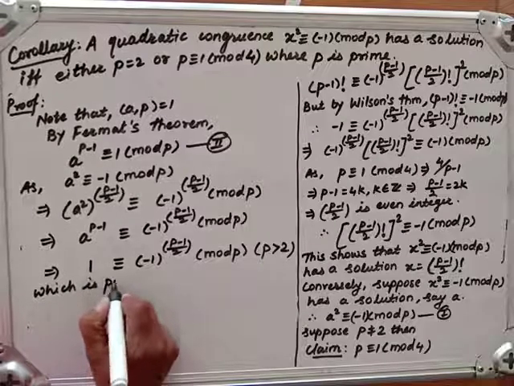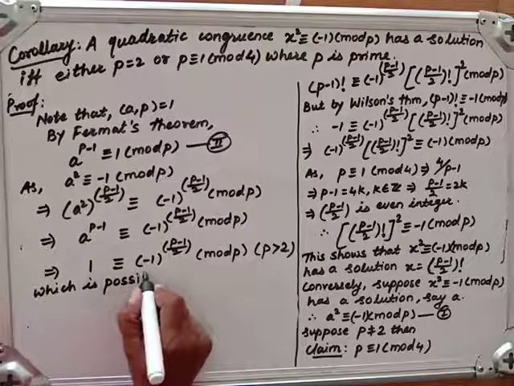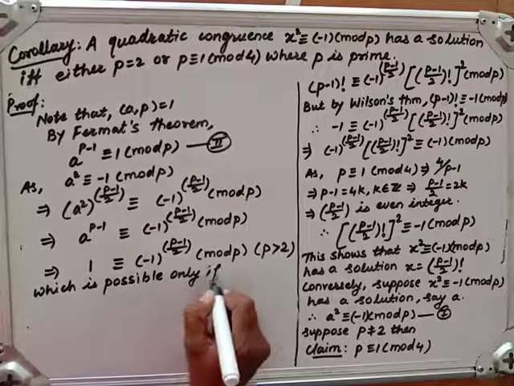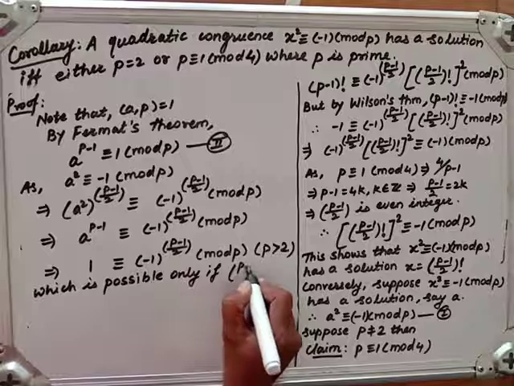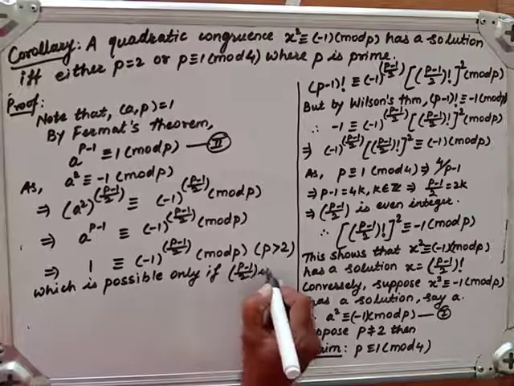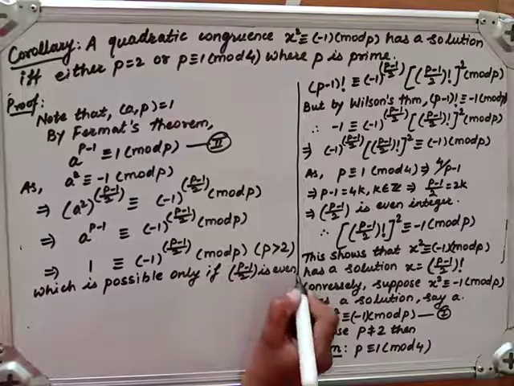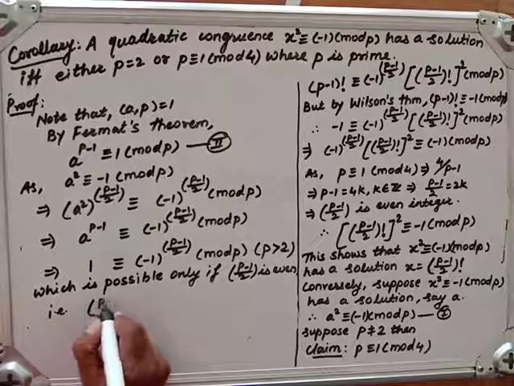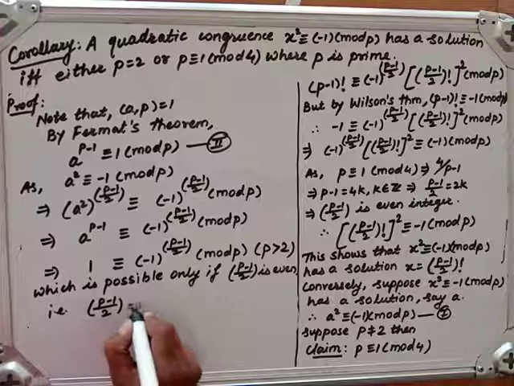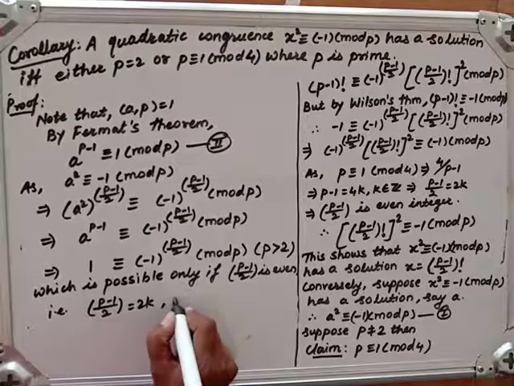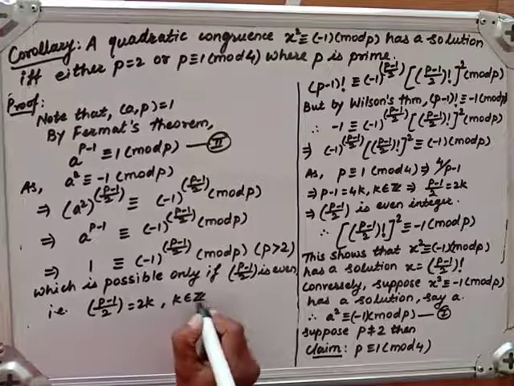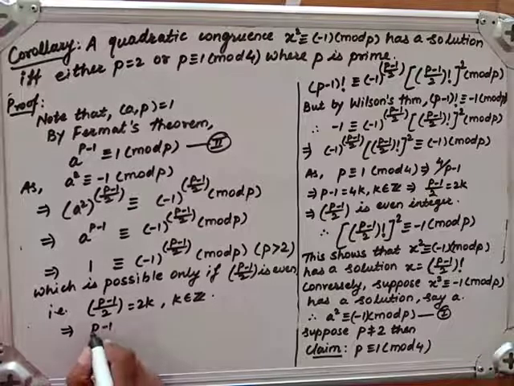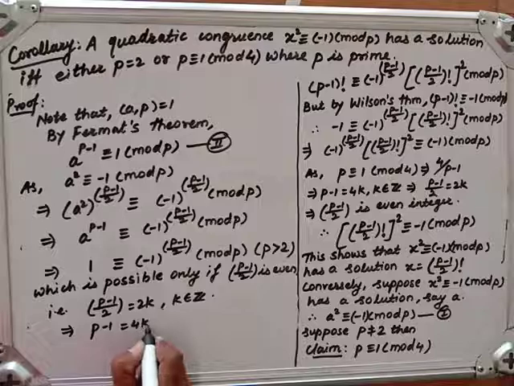This is possible only if P minus 1 by 2 is even. That is, P minus 1 by 2 is 2 times some integer K. That is, P minus 1 is equal to 4K.